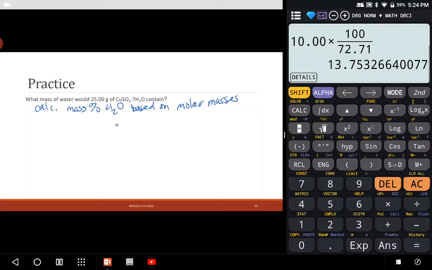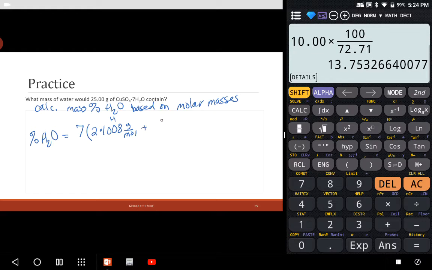So let's work out the mass percent composition based on molar masses. So my percent due to H2O would be equal to my mass of 7 waters. Each water contains 2 hydrogens, 1.008 grams per mole.